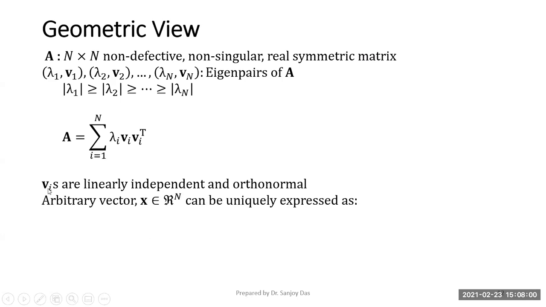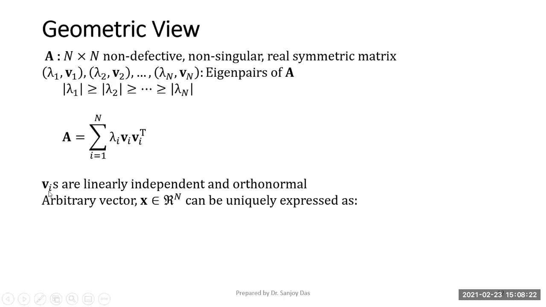So that means any arbitrary vector x can be uniquely expressed as a linear combination of the eigenvectors. So we have n-dimensional Euclidean space, and the v's can act as the coordinates, as orthogonal coordinates.